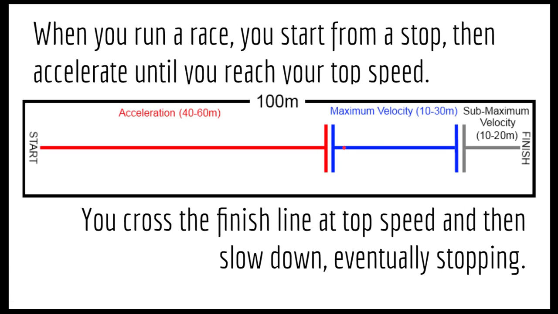You maintain your top speed through the finish line. After crossing the finish line at your top speed, you gradually slow down, eventually stopping. We will use 2 parts of this race to evaluate acceleration.